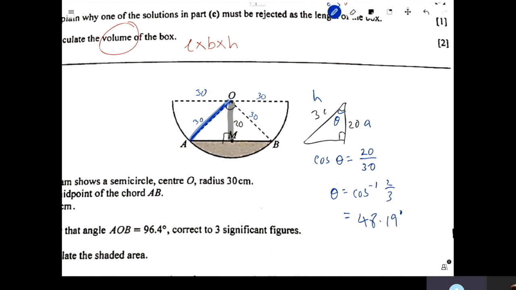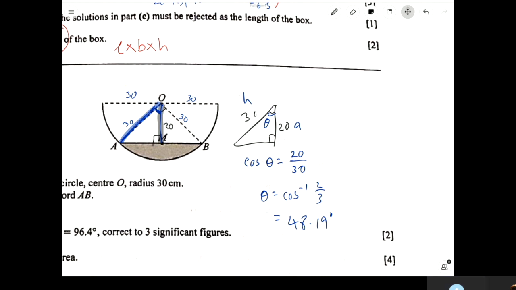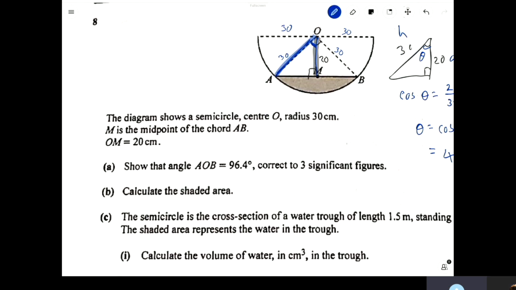Okay, so that's one side. We got two of them. See that? That's one side. So then you times 2. So we get 96.4, shown.